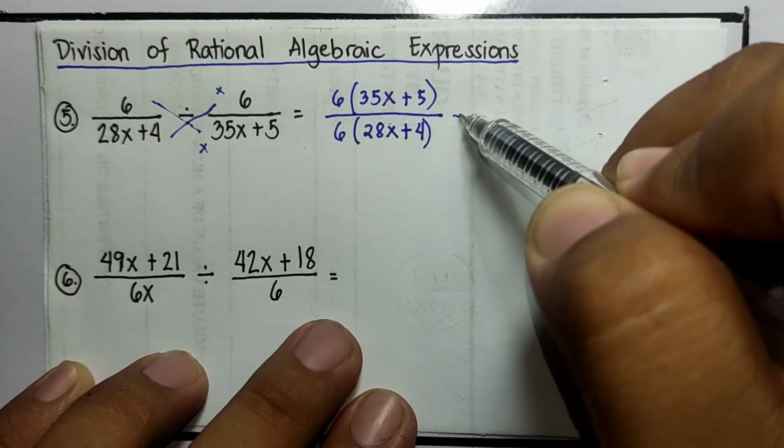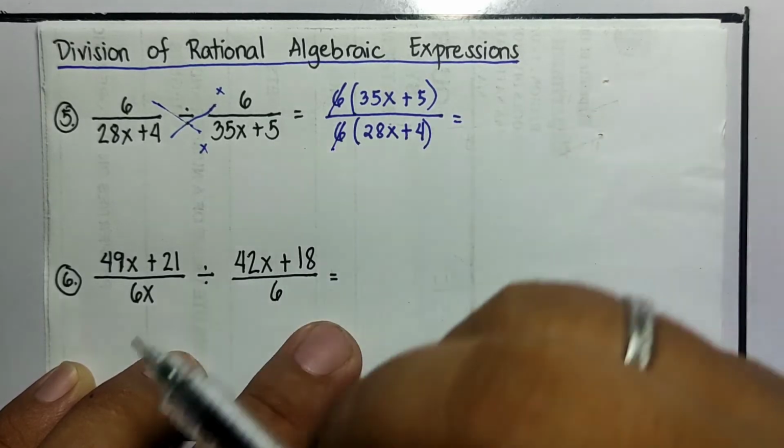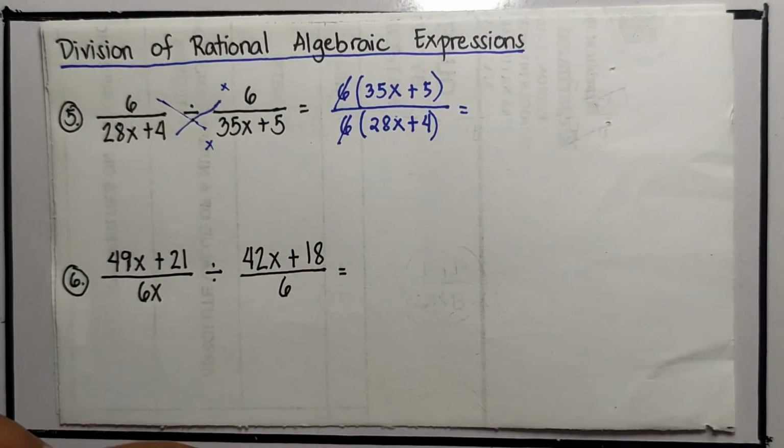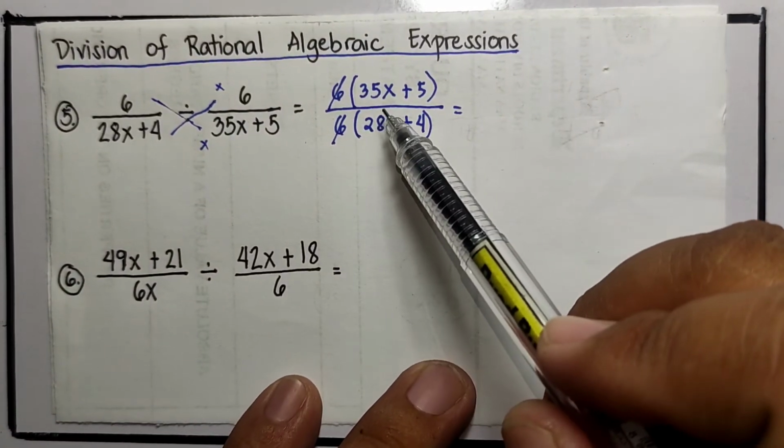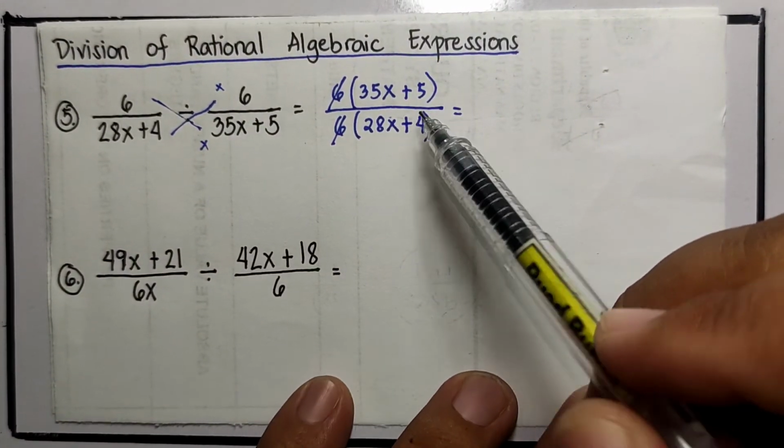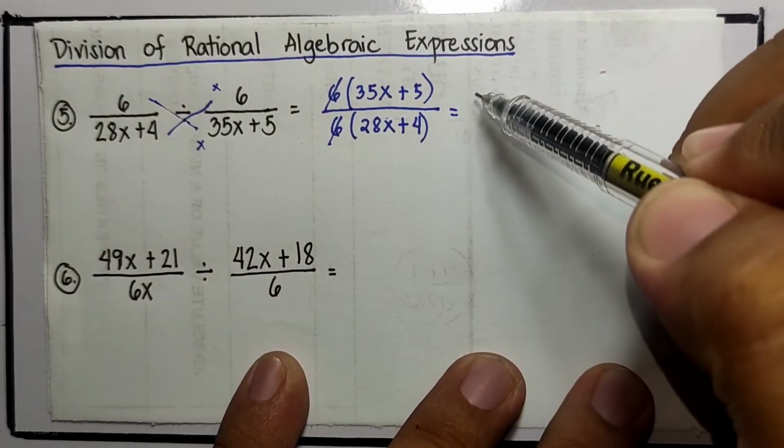Then cancel out 6. Then observe 35x plus 5. They have a common factor which is 5.